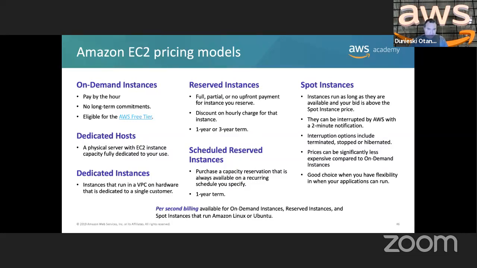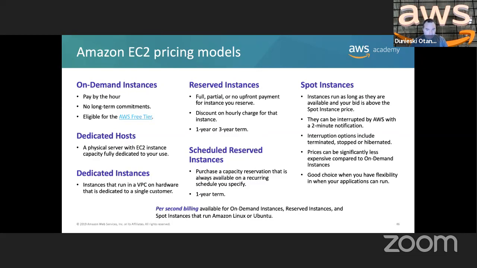Now, spot instances are spare capacity that AWS has, and they put it on auction. Let me explain this to you. You bid for spare capacity from AWS. You put a price, and you get it. Now you have a problem.